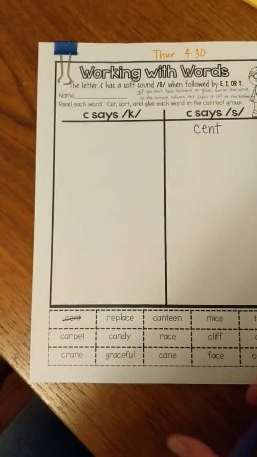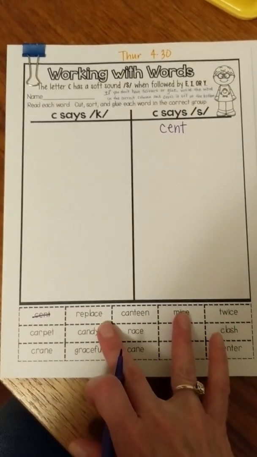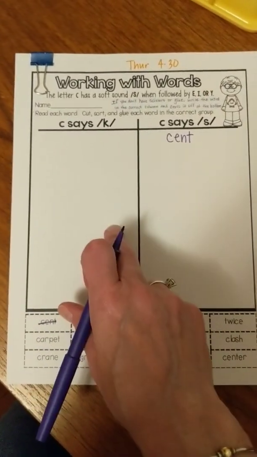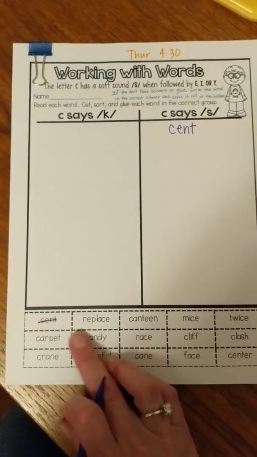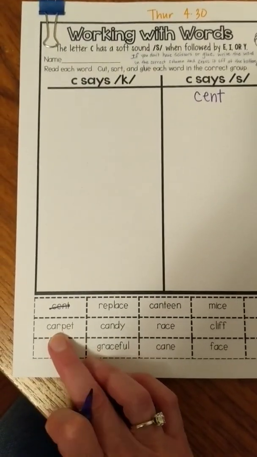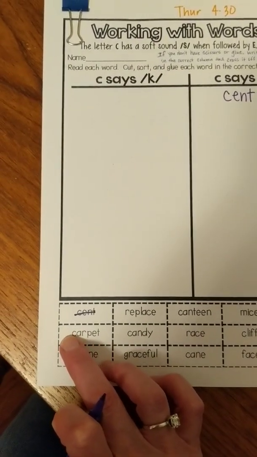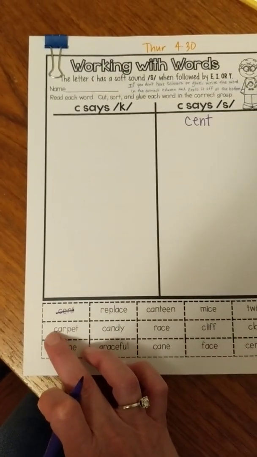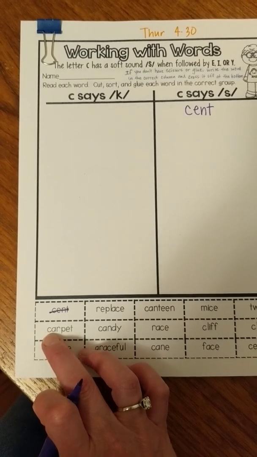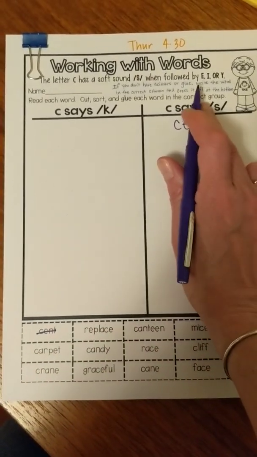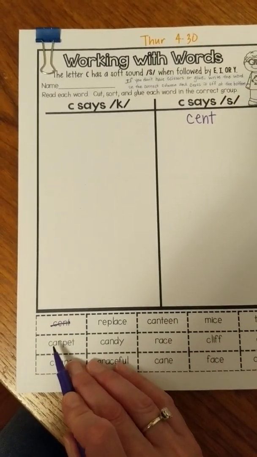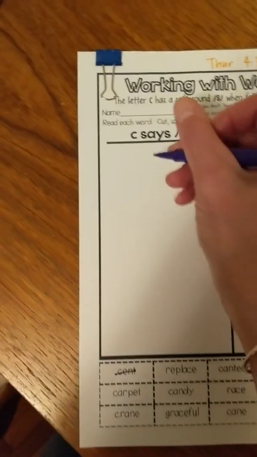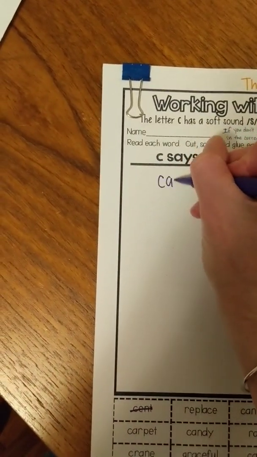You are going to use all of these words. All of these words will go in one of these two columns, okay? So let's take a look at the next one down. We have carpet, okay? Well, here's my C, and when I look after it, it's an A. Well, that's not an E, I, or a Y, and I hear a K sound at the beginning. So carpet, I'm going to put over here.